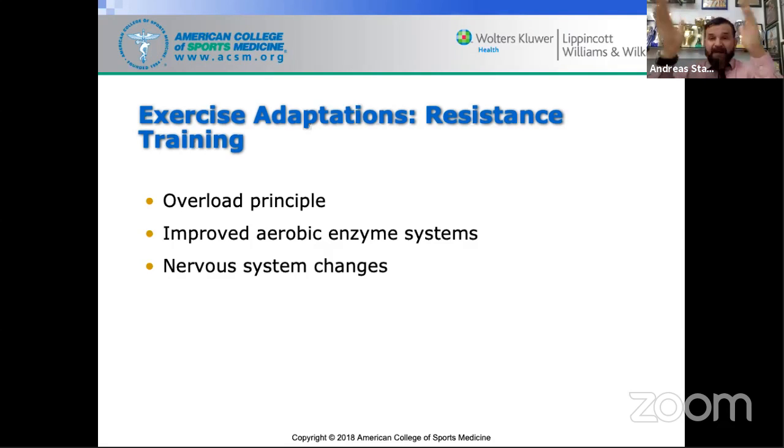Now, overload principle. We talked about exercise and stress. If you keep lifting 5 pounds, what's going to happen? You're going to adjust, and then you're going to stop adjusting. There's not going to be any kind of hypertrophy, for example.